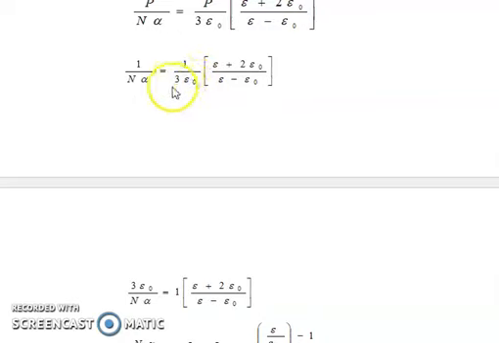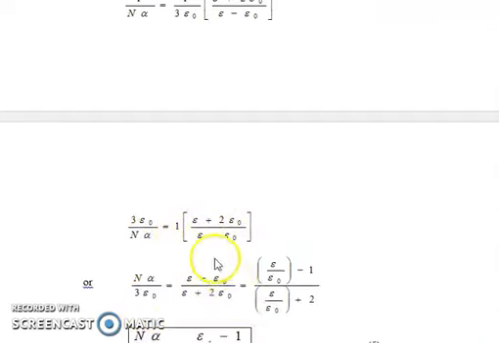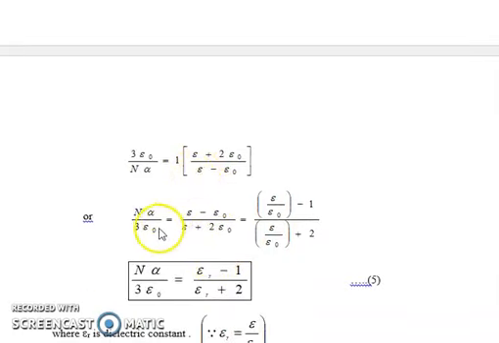Bring this 3 epsilon naught to this side. So we'll have 3 epsilon naught by N alpha is equal to epsilon plus 2 epsilon naught divided by epsilon minus epsilon naught. Now just take the reciprocal. N alpha by 3 epsilon naught is equal to epsilon minus epsilon naught by epsilon plus 2 epsilon naught.